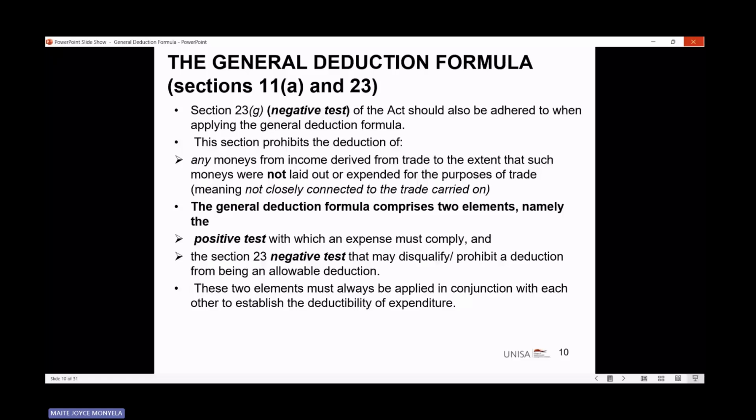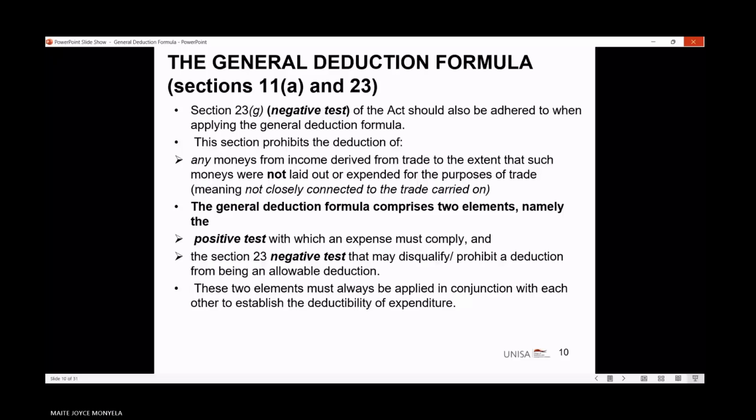Under Section 23G, the negative disqualifies and prohibits the deduction from being allowed, and under Section 23, the positive indicates the requirements that must be complied with when allowing a deduction. These two elements must always be applied in conjunction with each other to establish the deductible expenditure.